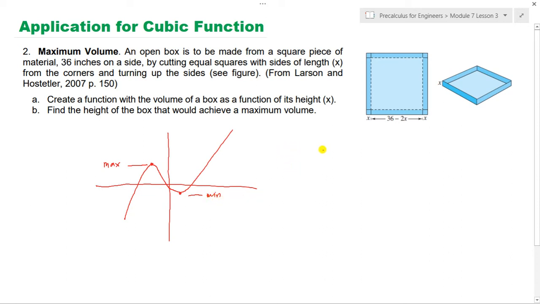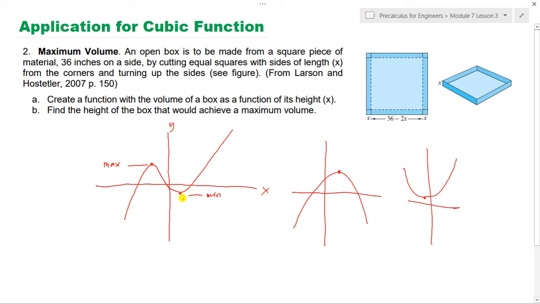Unlike the quadratic function, where a single graph has only one, either a maximum value or a minimum value, whereas with a cubic function, class, since this is the form of the cubic function, for a single function it has two characteristics: the maximum value of y, since this is y and this is x, and also the minimum value of y. Then of course there are the corresponding values of x there.